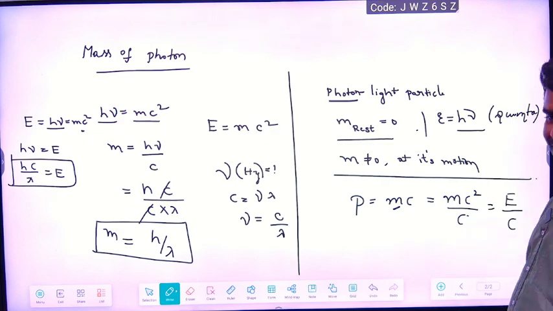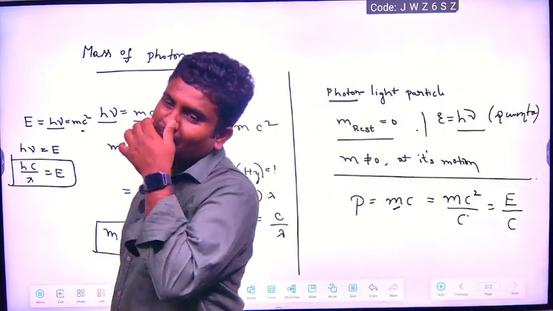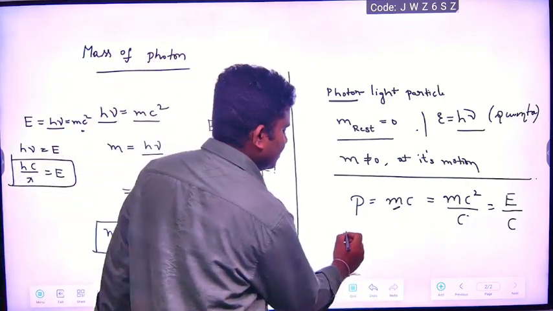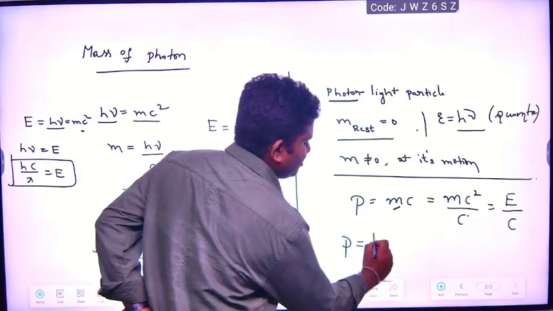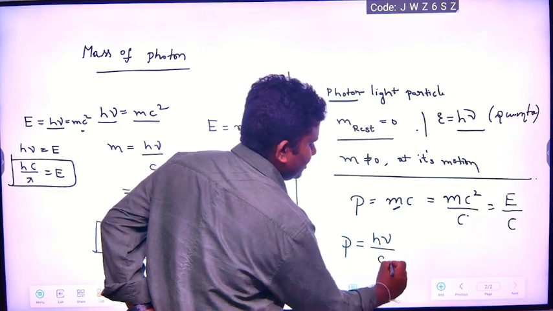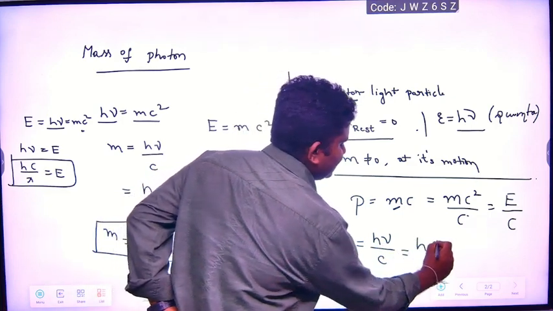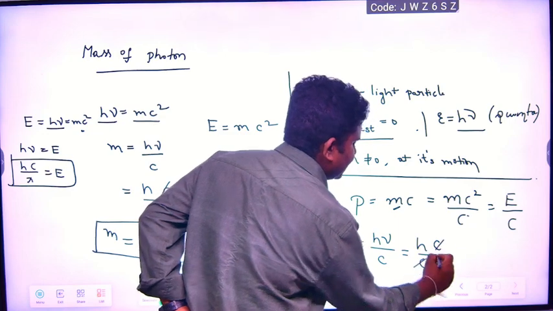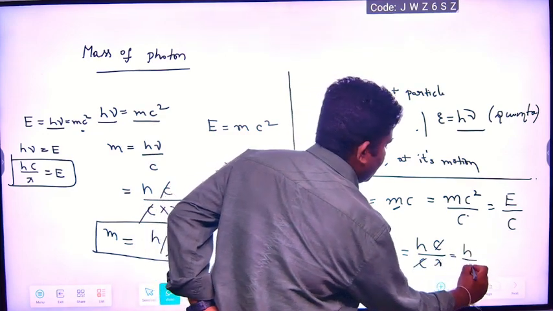That's why it is E by c. That's the momentum of the photon. You can also write E is equal to h mu by c, or h c by lambda c. C cancels, it is h by lambda.